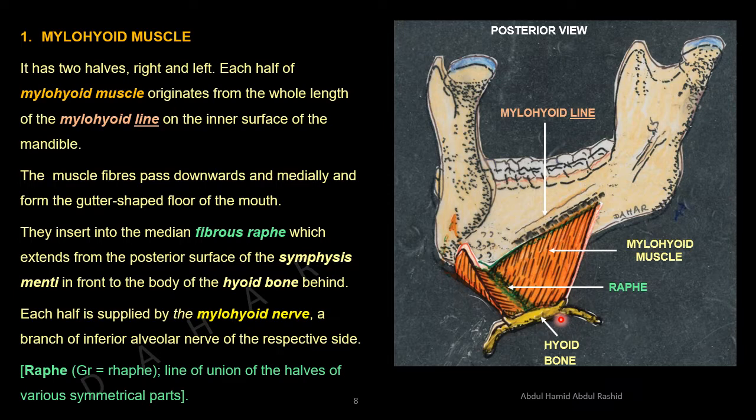Each half of the mylohyoid muscle is supplied by the mylohyoid nerve, a branch of the inferior alveolar nerve of the respective side. Raphe, Greek, means line of union of the halves of various symmetrical parts.